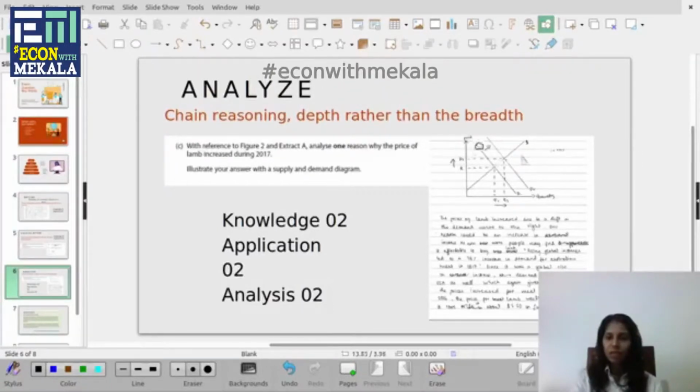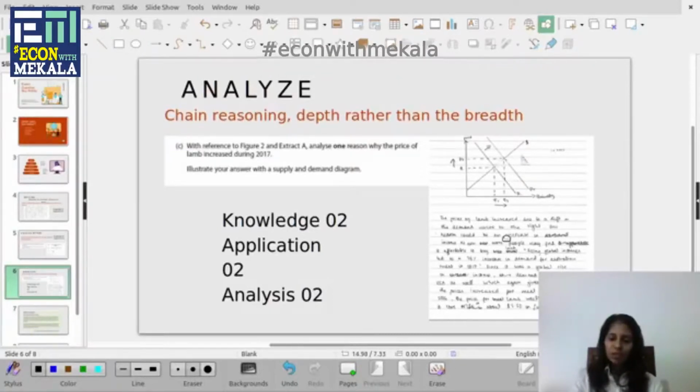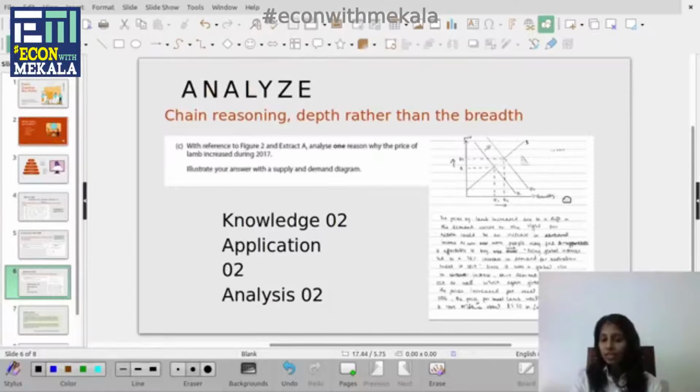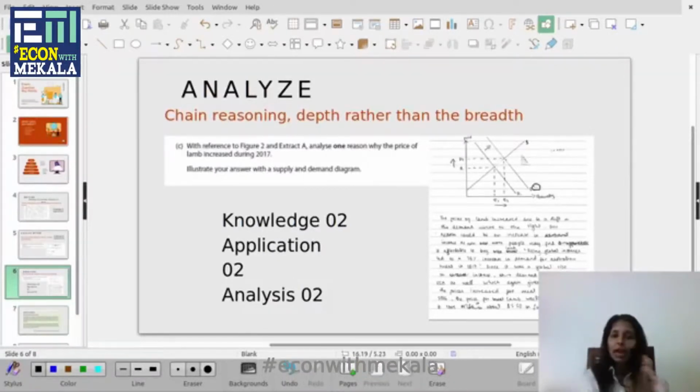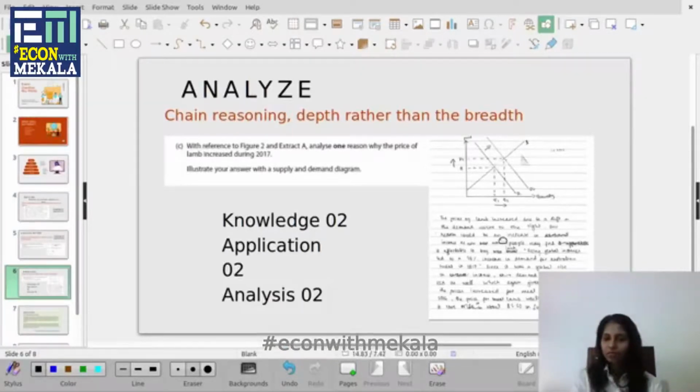So this can be price of lamp. Quantity can be kilograms of lamp or any other measurements they have used. So customizing your x and y axis is important because you are drawing this demand and supply diagram for the lamp market, because this question is about the lamp market, right?